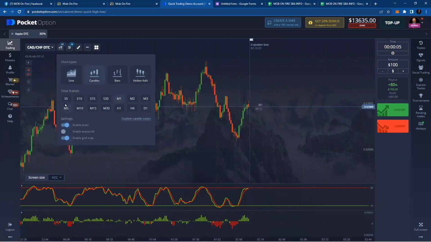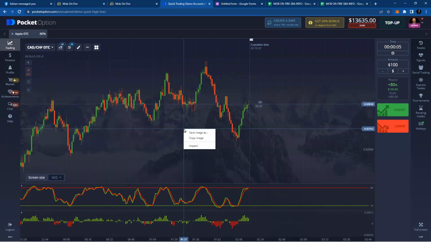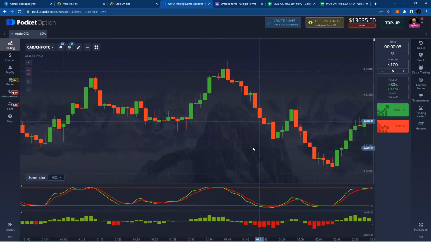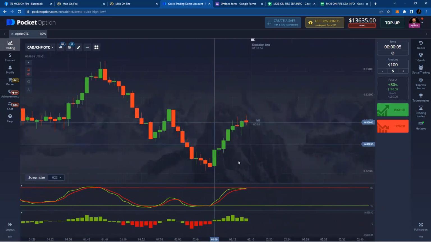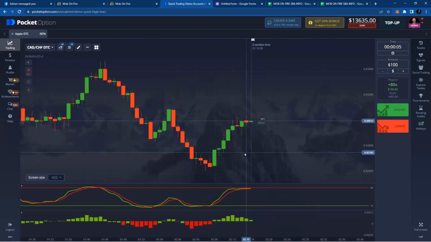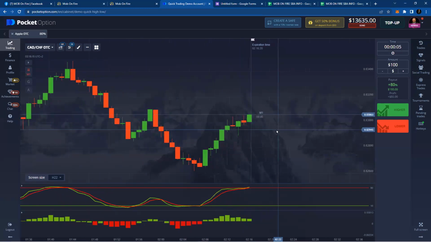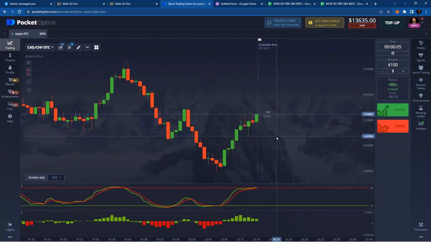When I do the regular candles, my preferred timing is 1 minute. That's the time frame that I prefer to trade on. I can trade on larger time frames. I can trade on a 15-minute candle or a 5-minute candle. I can trade at anything, but I prefer the 1 minute because the 1 minute gives me a clear history of where things are and where they're going. Okay, it's faster.